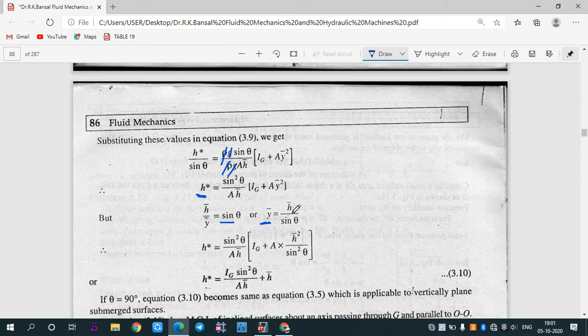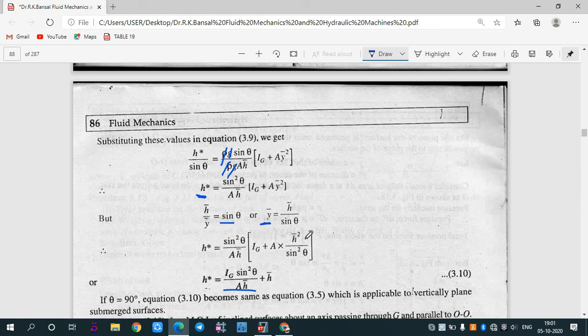Okay, so after that we'll put the value. Now h star equals sine square theta by A h bar, Ig value is same, plus A into y bar, and instead of y bar we put h bar, the whole square divided by sine square theta. After that we multiply this one by one inside. So sine square theta into Ig divided by A h bar, this is the first part.